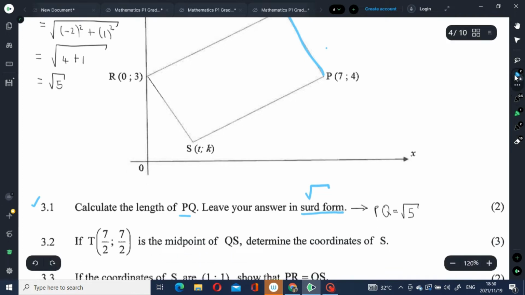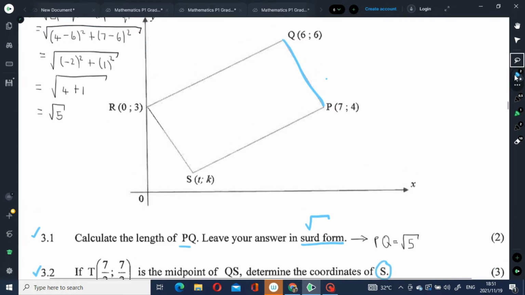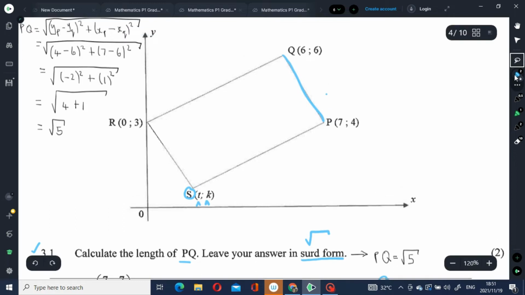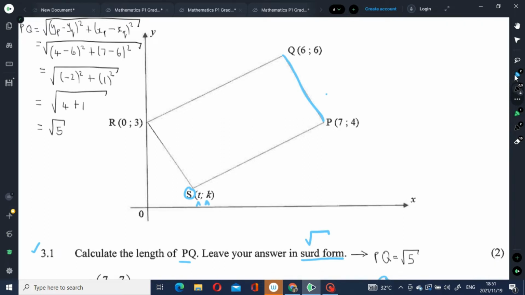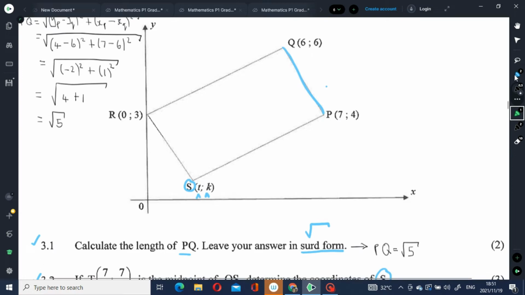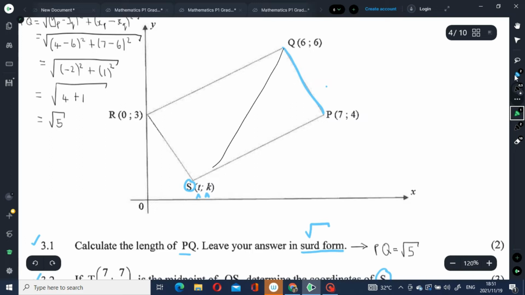Let's go to the second question, 3.2. So if T is the midpoint of QS, determine the coordinates of S. So they want the coordinates of S, right? Let's first construct a line that joins the 2 points S and Q. Let me use black.